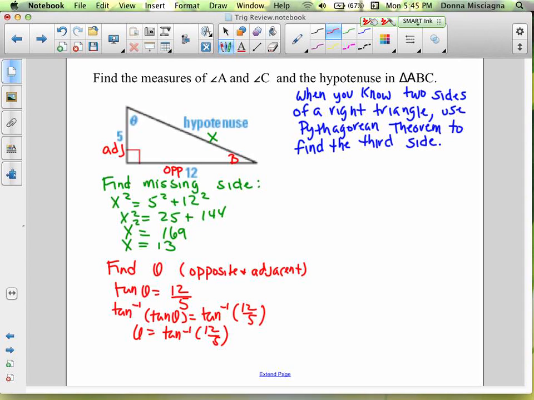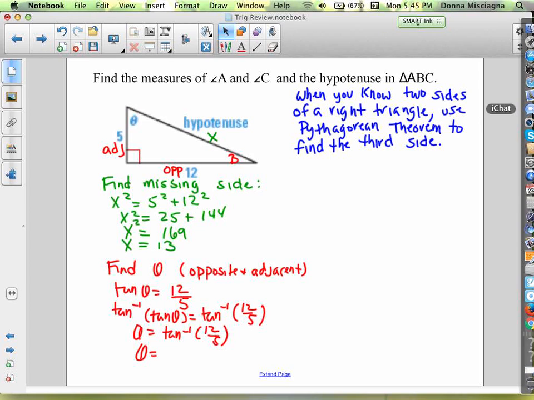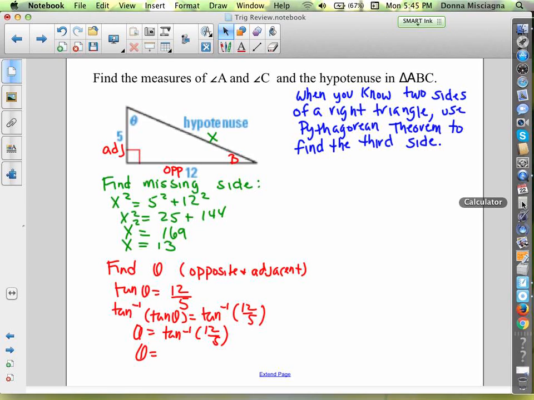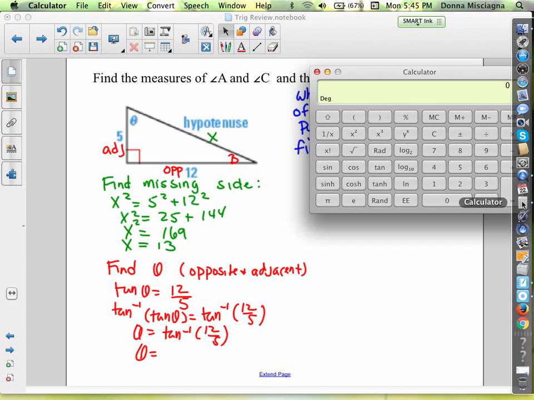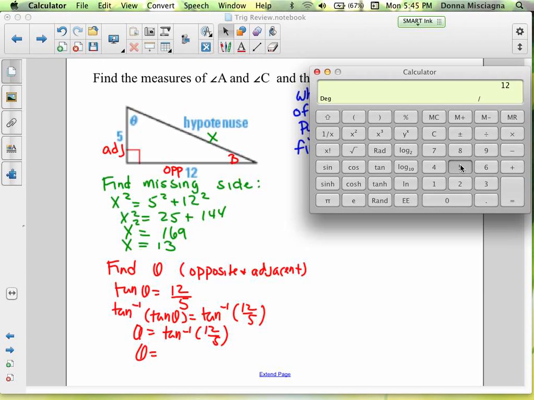And in this Nearpod, in this video, we are going to use the calculator to evaluate. All right, so as soon as I get the calculator out, I'm going to plug that into the calculator. First, I have to find my cursor. Otherwise, I can't find my calculator. All right, so 12 divided by 5 equals, right?